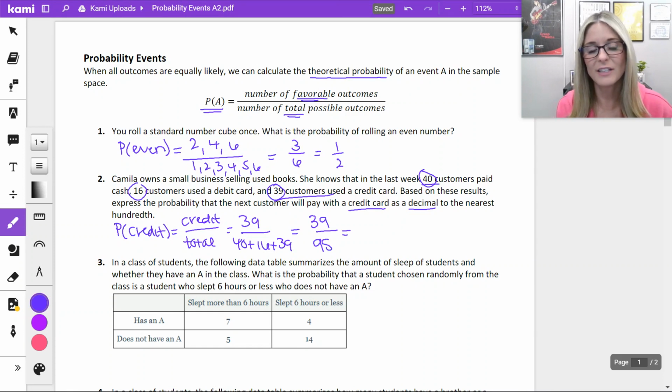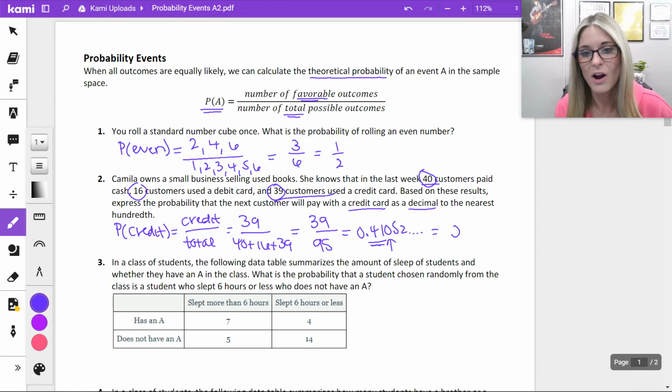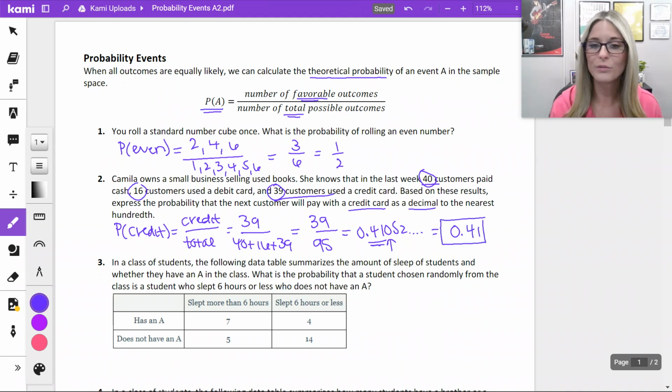And using our calculator, 39 divided by 95 gives us 0.41052, on and on and on. We're rounding to the nearest hundredth, which is 2 decimal places. The third says let it rest. So our probability in decimal form for the next customer to use a credit card would be 0.41 or 41 hundredths.